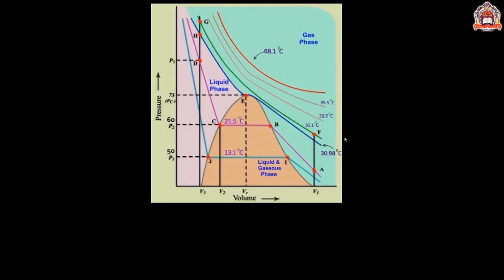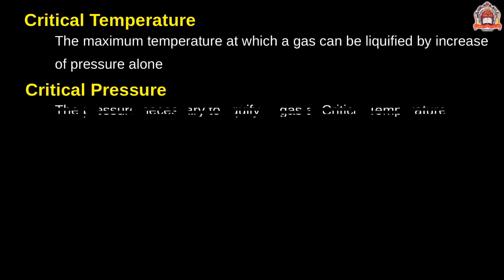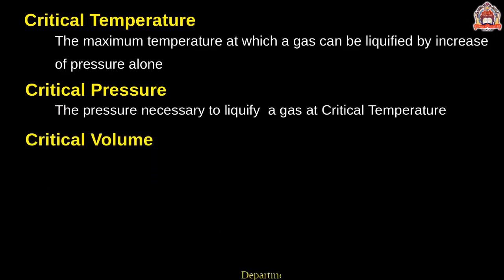There are two conclusions from the Andrews studies. Any gas can be liquefied below its critical temperature. The critical temperatures of carbon dioxide, oxygen, nitrogen, and hydrogen are 31.1 degrees centigrade, minus 118.8 degrees centigrade, minus 147.1 degrees centigrade, and minus 239.9 degrees centigrade respectively.